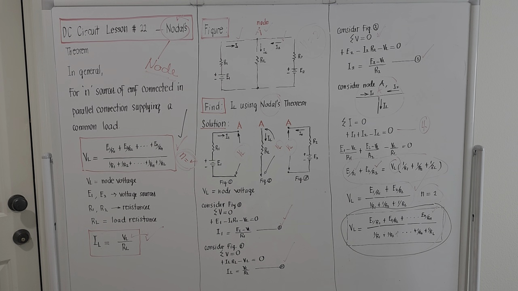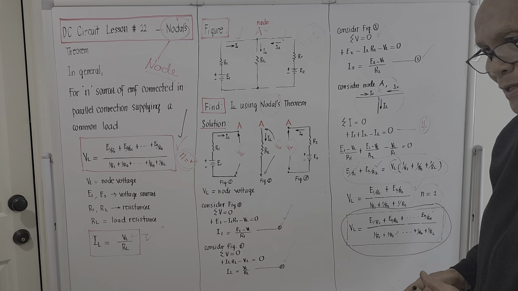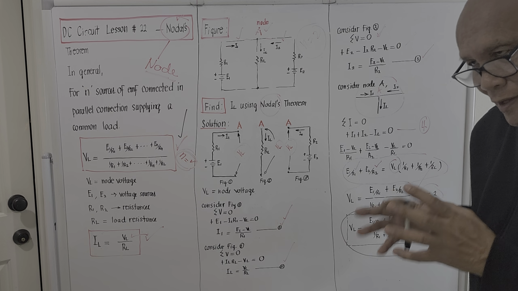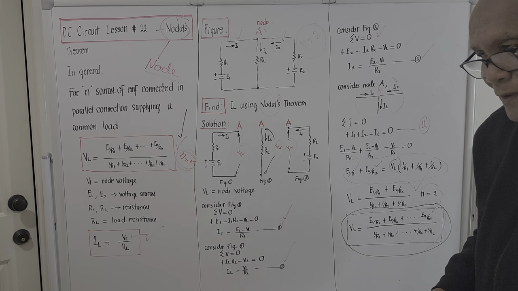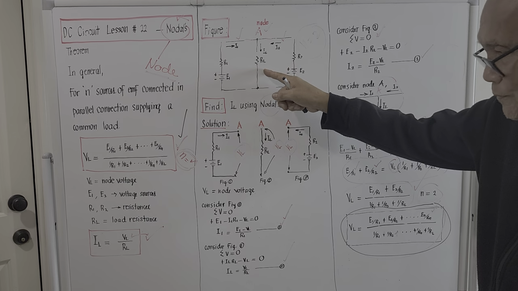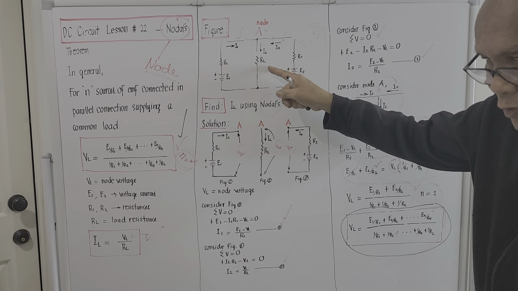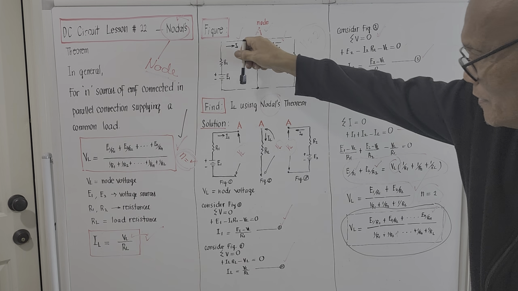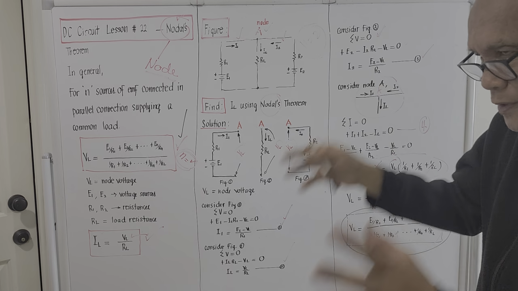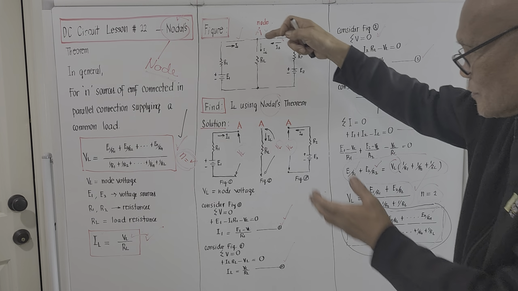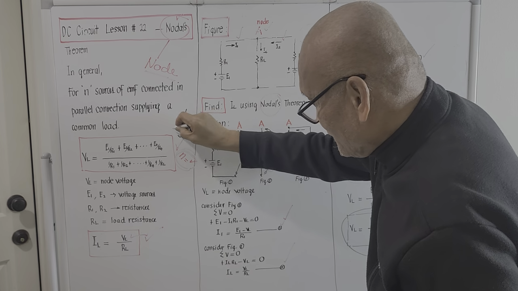So the main concentration of Nodal's theorem is actually if the circuit is parallel and we are asked to compute for the current passing through a common load. It depends on how many voltage sources. The formula on how to compute for the voltage across this will be given by this.